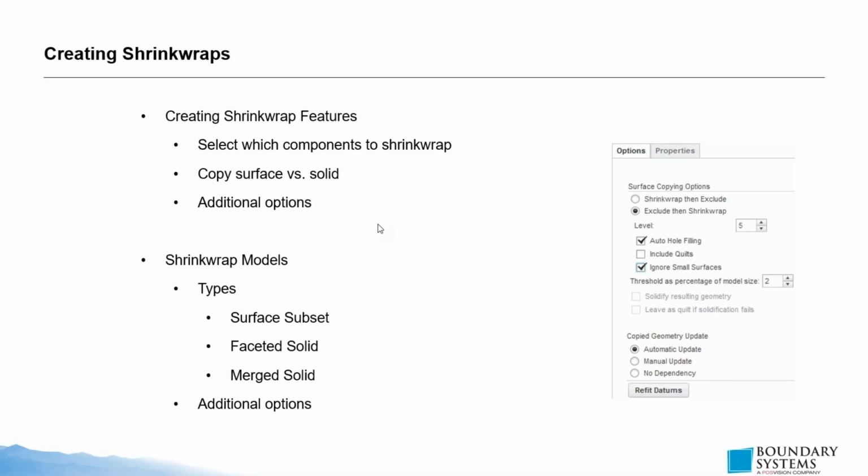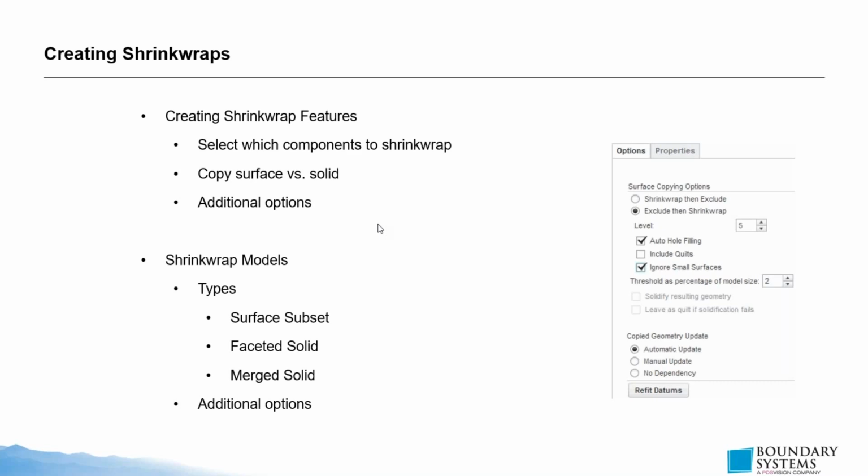All right, so jumping into how to create Shrinkwraps. First, I'm going to cover creating Shrinkwrap features, and then I'll talk about Shrinkwrap models, which are those separate files. Creating a Shrinkwrap feature is pretty simple. Essentially, you have some options, including which components you want to Shrinkwrap.